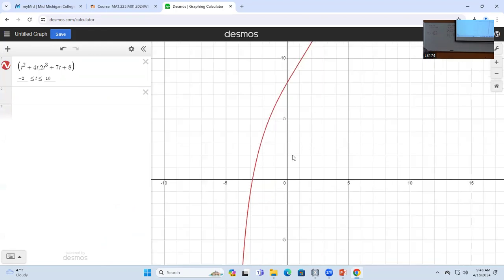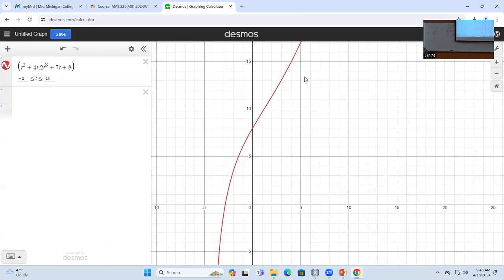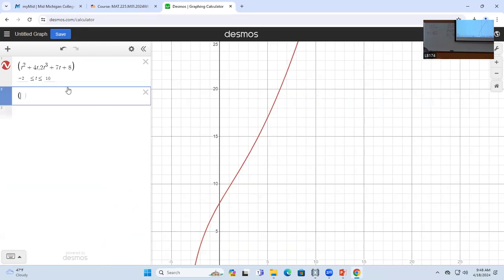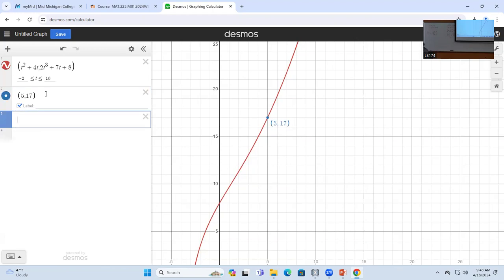There's my graph. Now, what we're doing is we're going to the point (5, 17), this point right here. And we're saying, what's the slope of the tangent line?